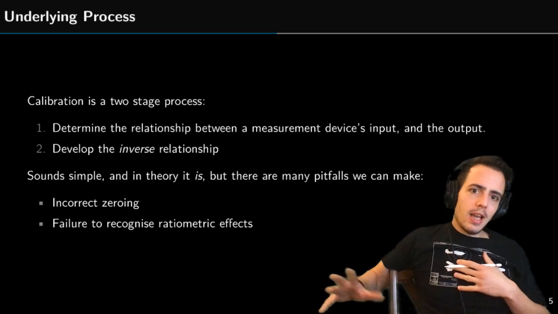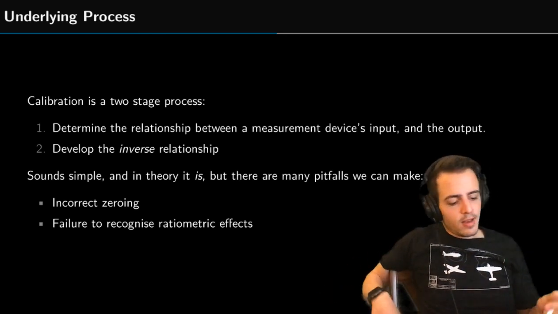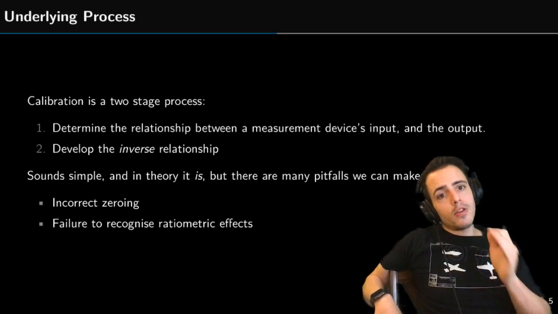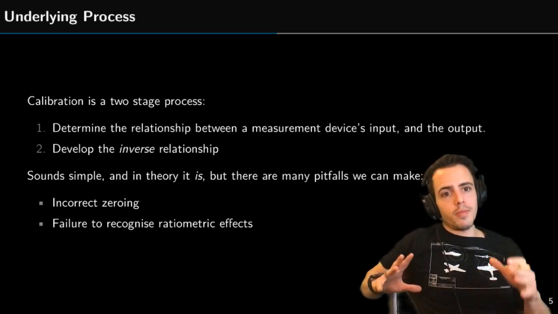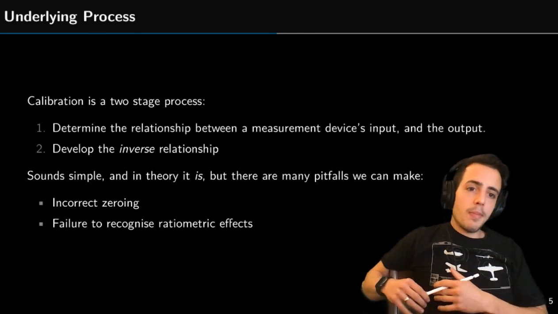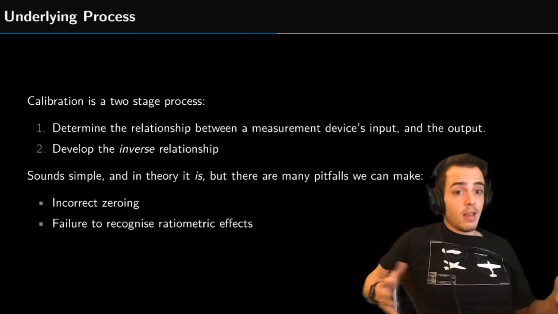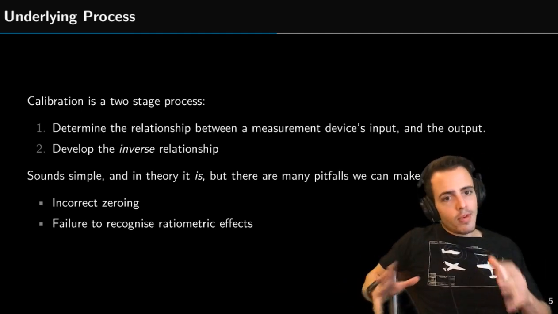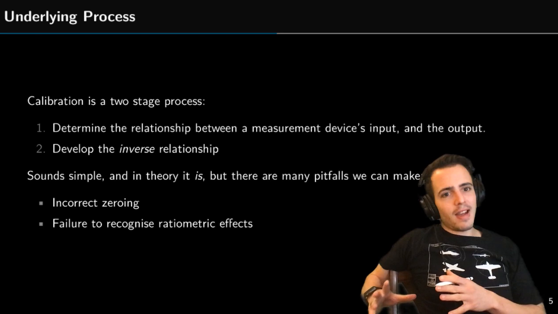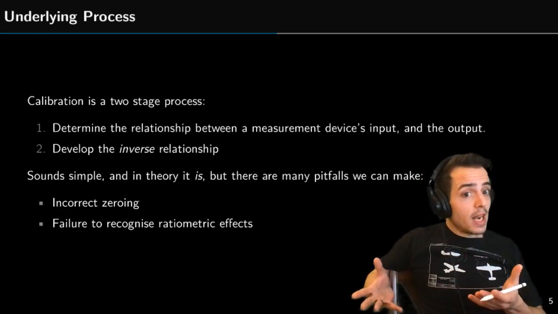Other one is this failure to recognize ratiometric effects. Now, this is something I didn't really learn about until I started my job at the Aircraft Research Association. So this is not typically taught at the undergraduate level, or it certainly isn't in a lot of courses, but it's a really important measurement effect in any transducer that we're going to be using, and we have to be really careful with it.